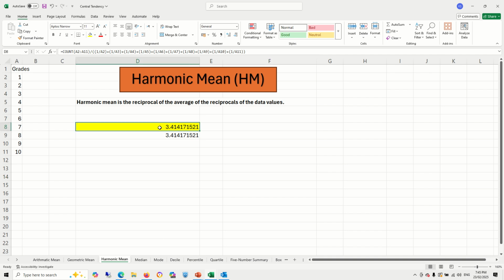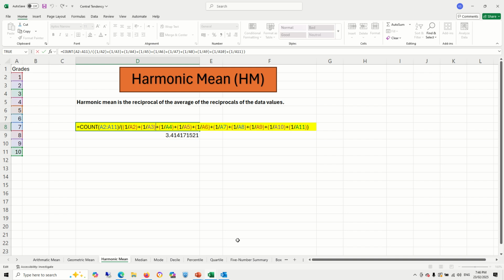Now let us have a look at the statistics formula. If I apply count to get the number of these grades, equals count, then highlight all grades, divided by, now I will take the reciprocal for each one, one by one.